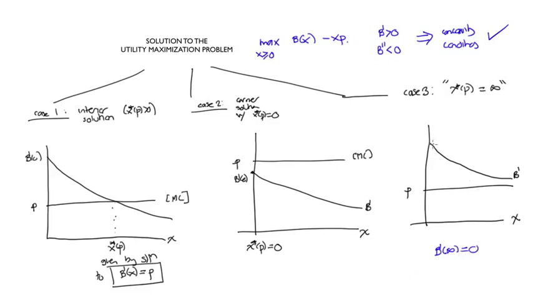In other words, this marginal benefit keeps going down, down, down to 0 for X sufficiently large. So in most examples that we're going to do, and in most applications of these models in economic analysis, this case is not interesting, and we're not going to look at it again.